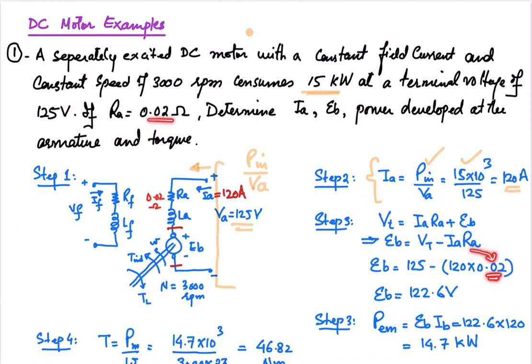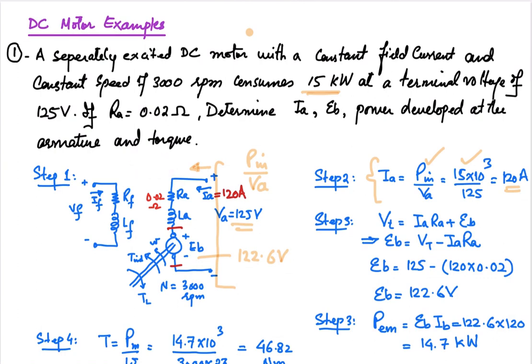Plugging in the values, the back EMF is 122.6 volt, while the terminal voltage is 125 volt. Since the terminal voltage is greater than the back EMF, it works as a motor and power flows into the machine.